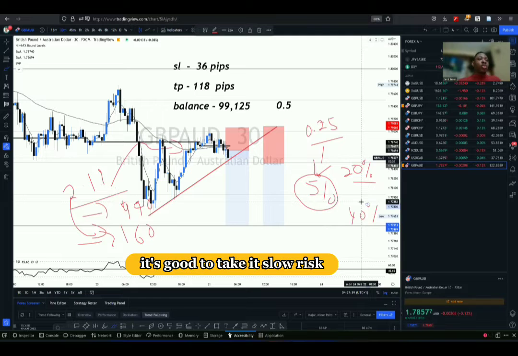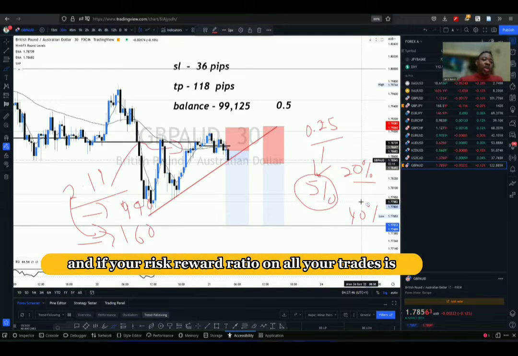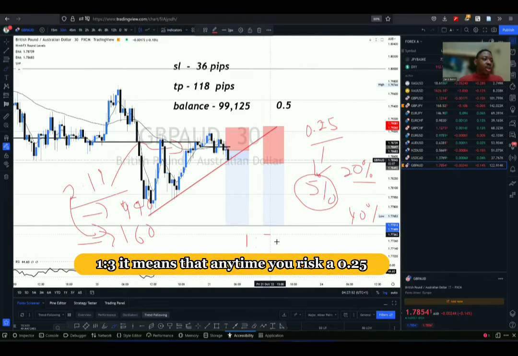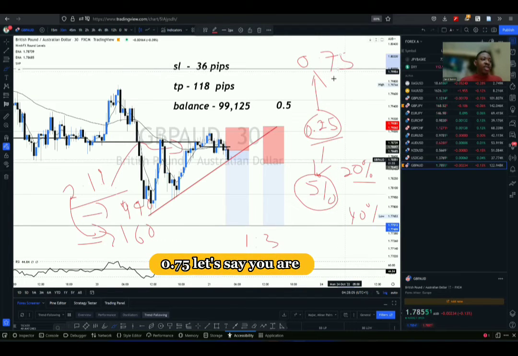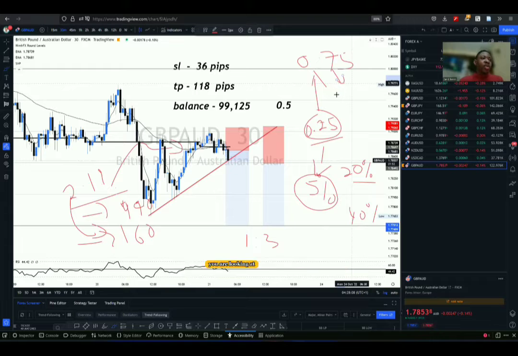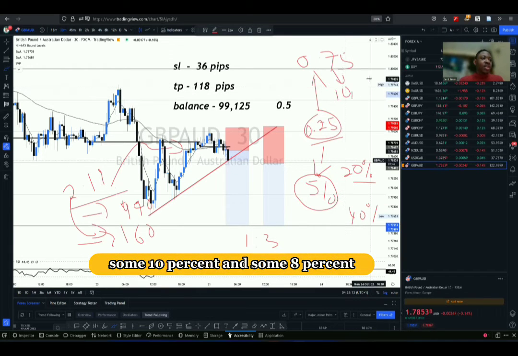It's good to take it slow, risking 0.25% of your account. And if your risk reward ratio on all your trades is 1:3, it means that anytime you risk 0.25, your reward on that trade is going to be 0.75. Let's say most prop firms for stage 1, you are looking at some 10% and some 8%.